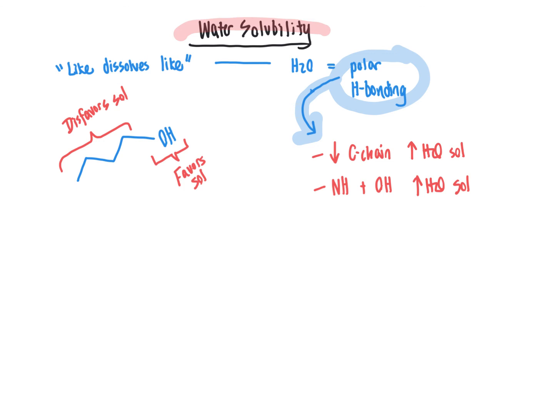With these principles in order about the relationship between the carbon chain length and hydrogen bonding with water solubility, we can apply this toward comparison of the water solubility of a thiol versus an alcohol.